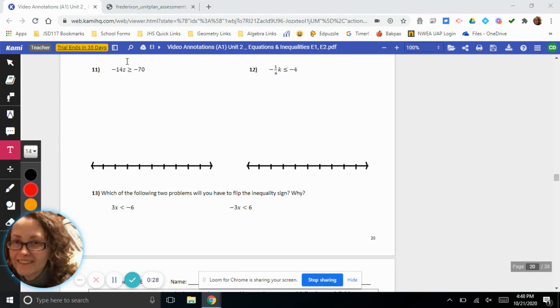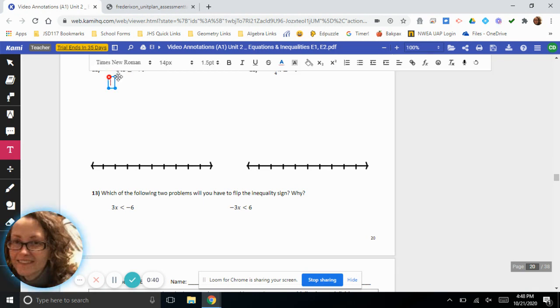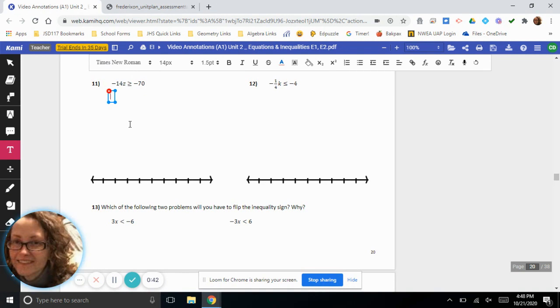So when I'm trying to solve a problem here and it requires me dividing or multiplying by a negative number, I'm going to have to flip this inequality. So for this problem, scroll down a little bit, I am going to have to divide by a negative 14 on both sides of my inequality.